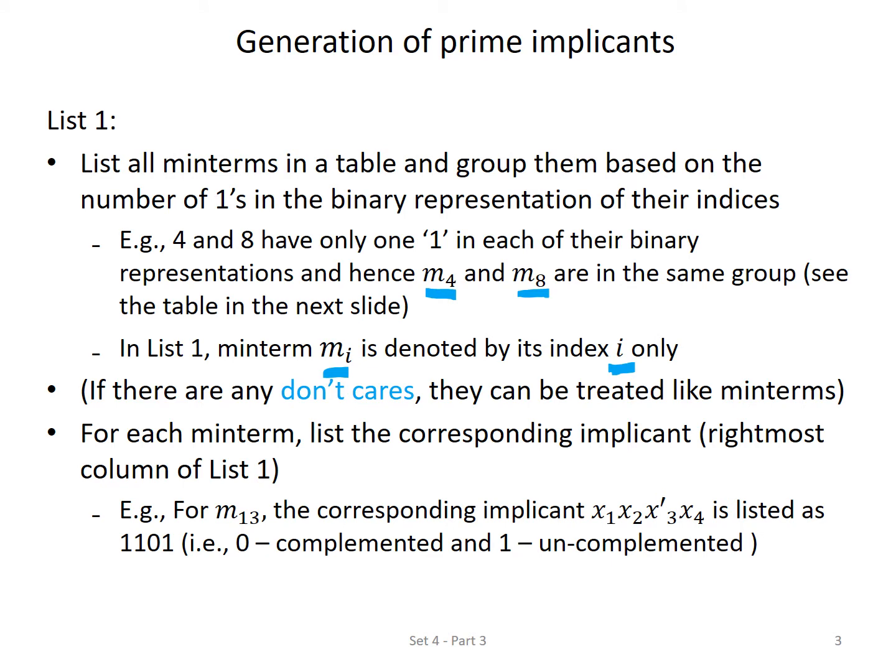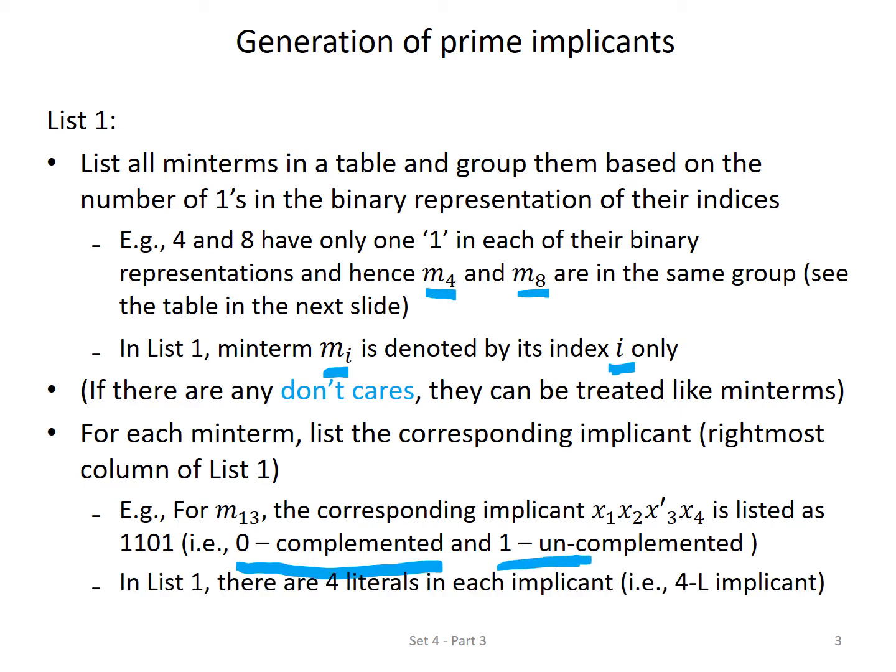For example, for minterm M13, the corresponding implicant x1, x2, x3 prime, x4 is listed as 1101: 0 for the complemented form of the variable and 1 for uncomplemented. In list 1, there are 4 literals for the function under consideration in each implicant, and these are for short indicated as 4L implicants. In general, however, if we have a function of n variables, then list 1 will have n literals in each implicant.